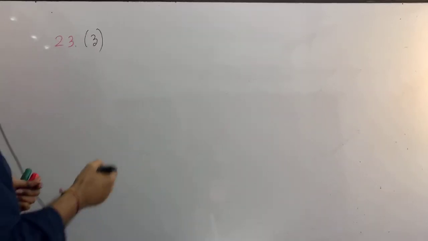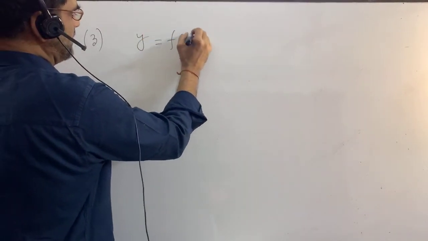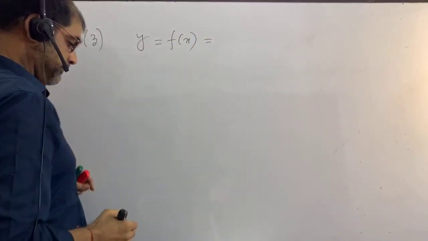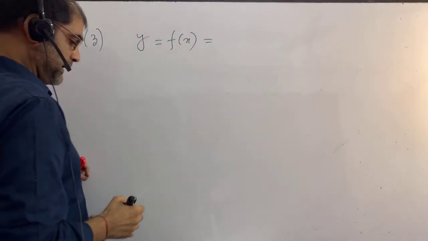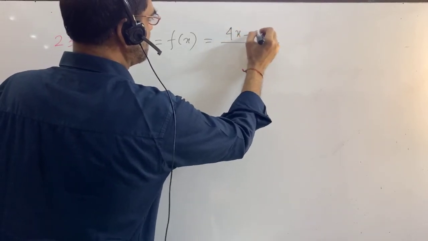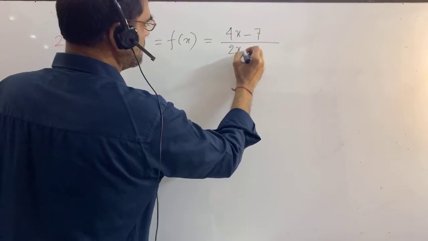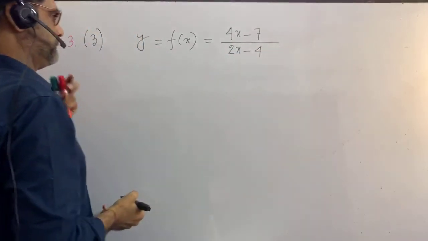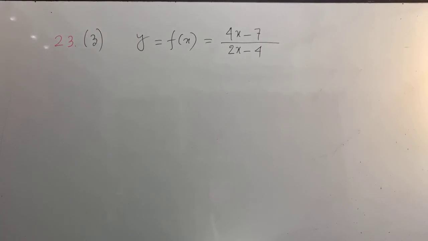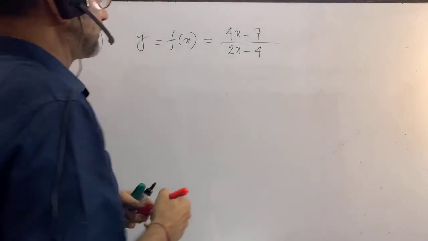You see what is given here: y is equal to f(x) is equal to (4x minus 7) by (2x minus 4). We have to prove that f(y) equals x.